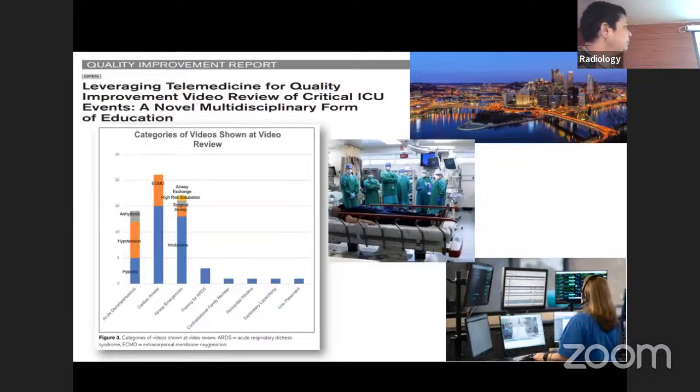Leveraging telemedicine. What these people did in this study is, they had video recordings of all the codes that were happening in the ICU and in the ER. All cardiac arrests, all resuscitations were recorded. Then they selected a lot of those recordings and studied them, and depending on that, they gave feedback.